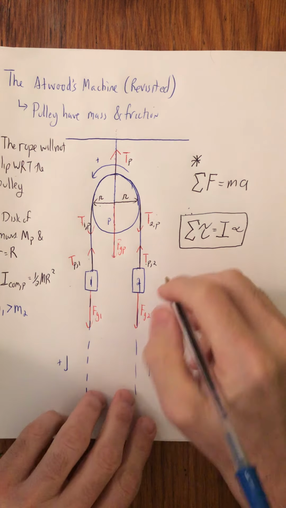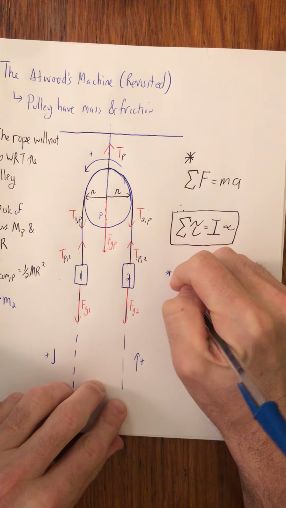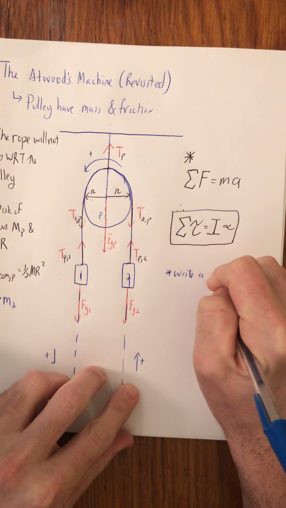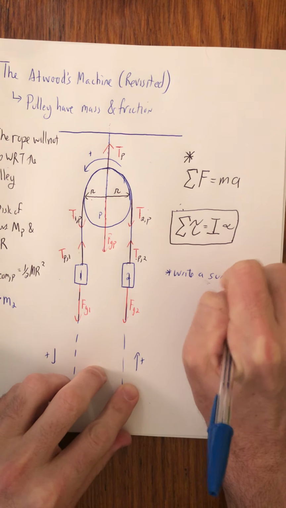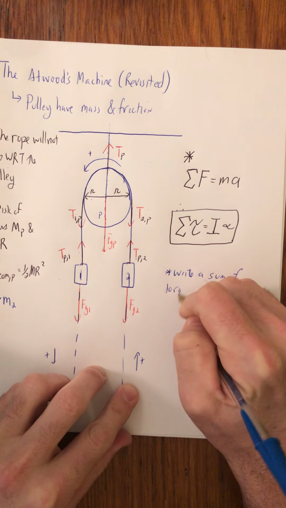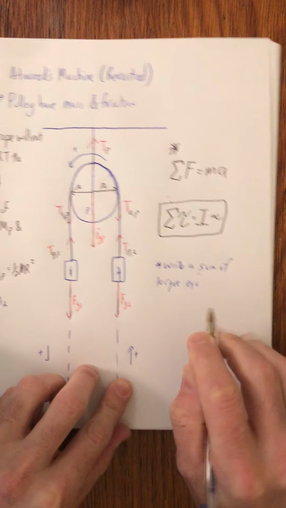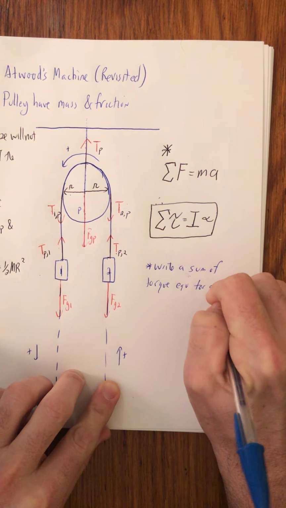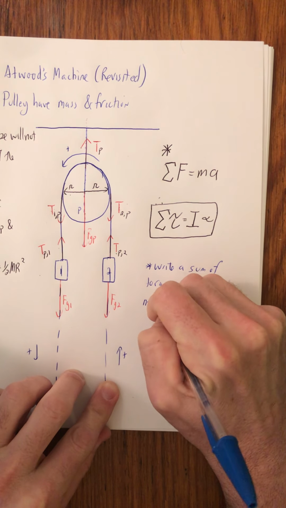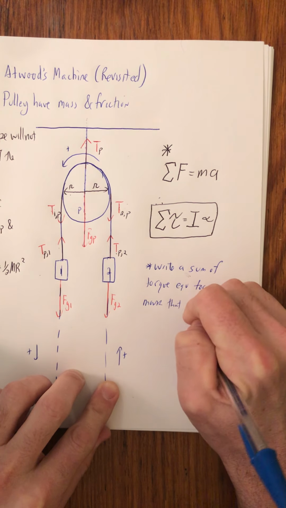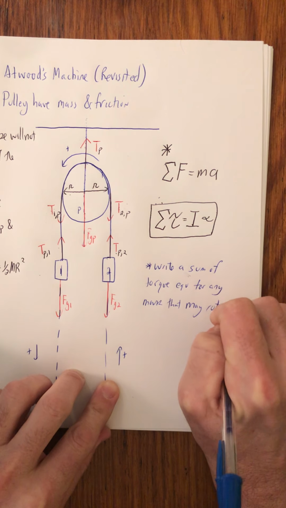Well, it's very simple. What we're going to do is write a sum of torque equation for any mass that may rotate.